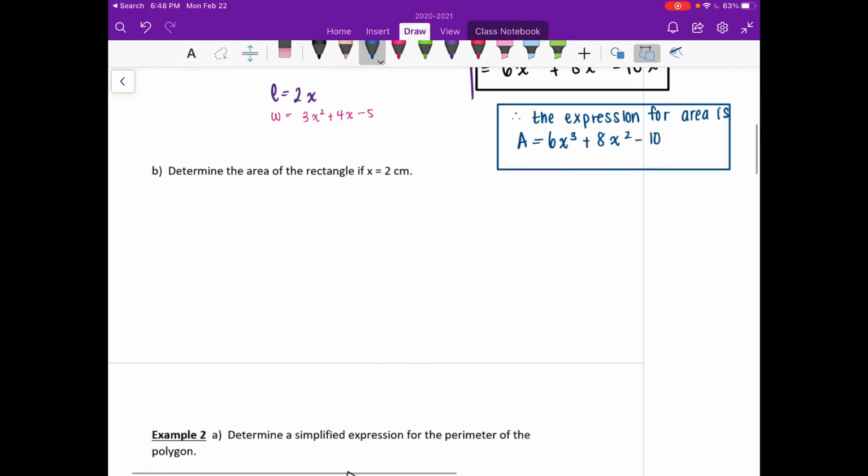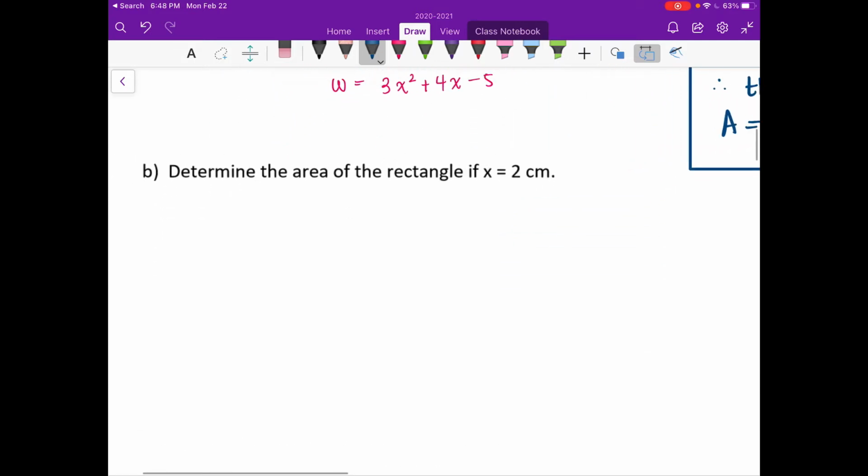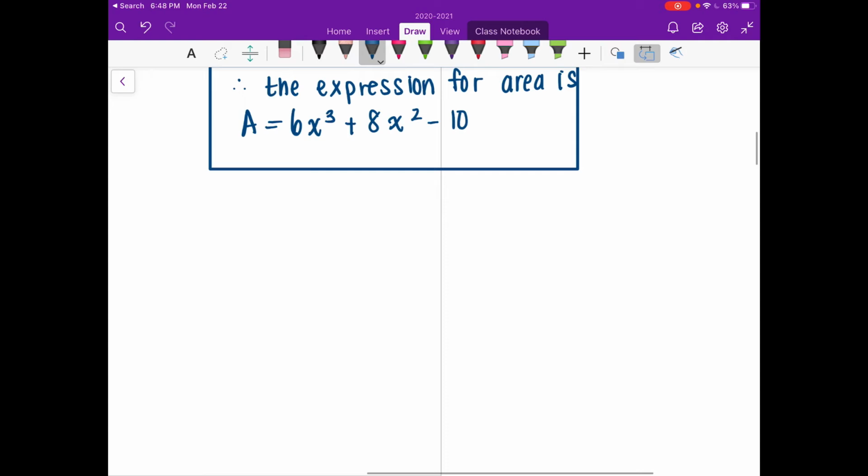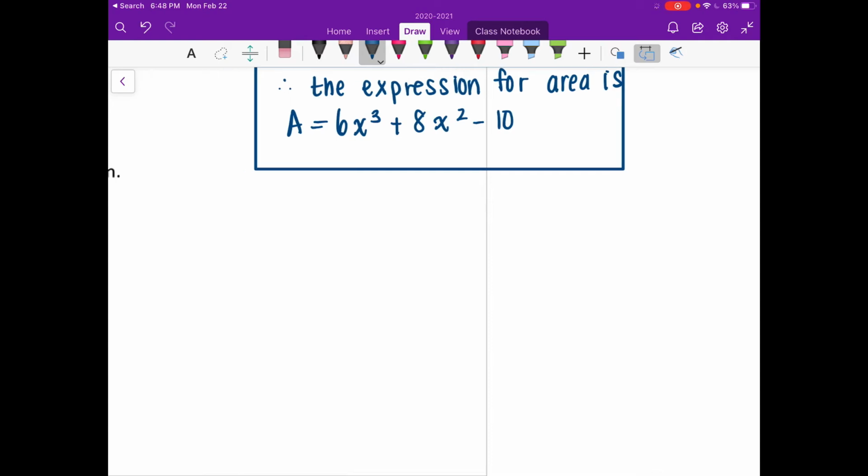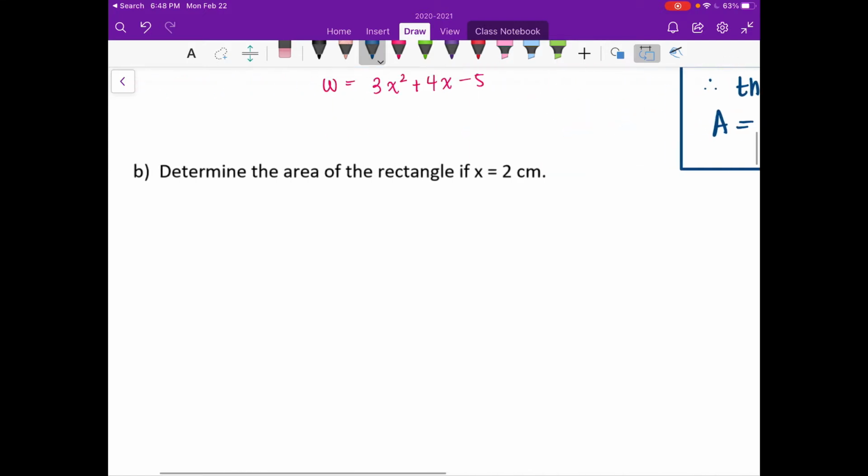Now, it says determine the area for the rectangle if x is equal to 2. So what I'm going to do is I'm just going to plug in 2 for x here because I already made a simplified expression. So I don't need to go in and do all of this plugging x in somewhere else. I can just go plug it into my expression.